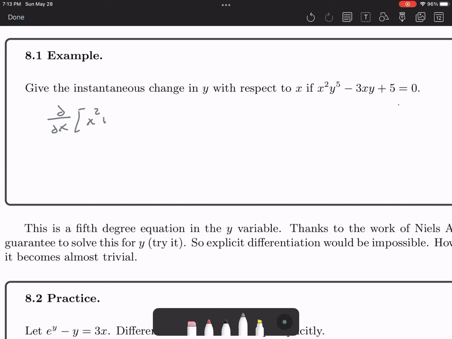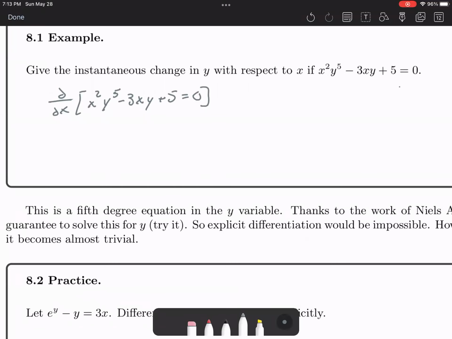x squared y to the fifth minus 3xy plus 5 is equal to 0. So when we differentiate the entire equation, we can take advantage of linearity and differentiate each piece separately. In fact, let's go slow through this at first.